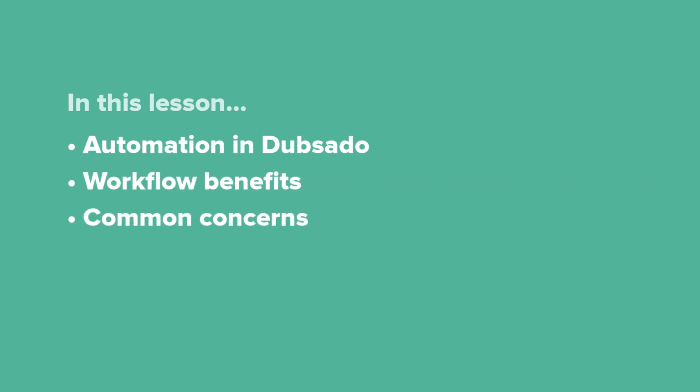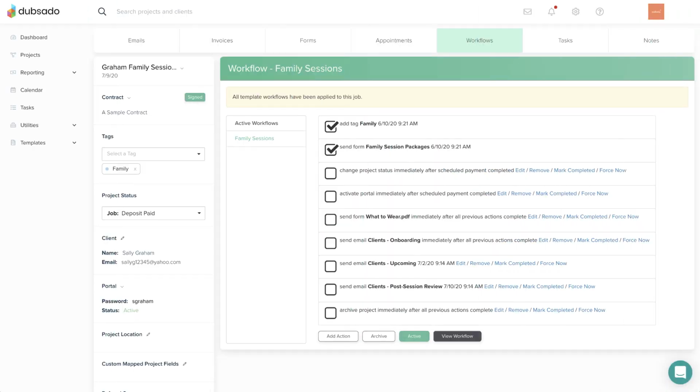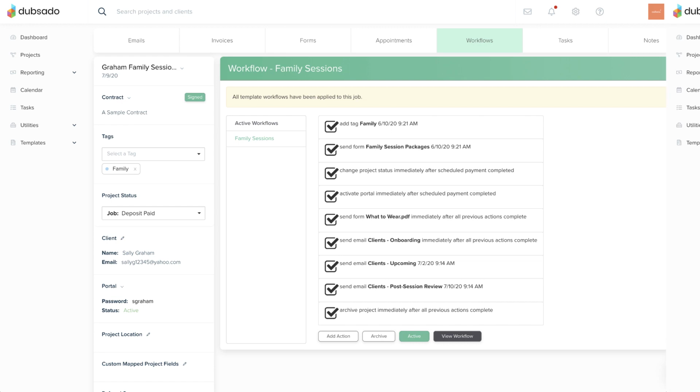It can feel tricky to determine the best approach for your business, so we want you to have a lot of information up front. Successful workflows come in all shapes and sizes. You might have a workflow that's 100% automated, meaning every action will fire automatically when it's supposed to, and your hands are completely free.